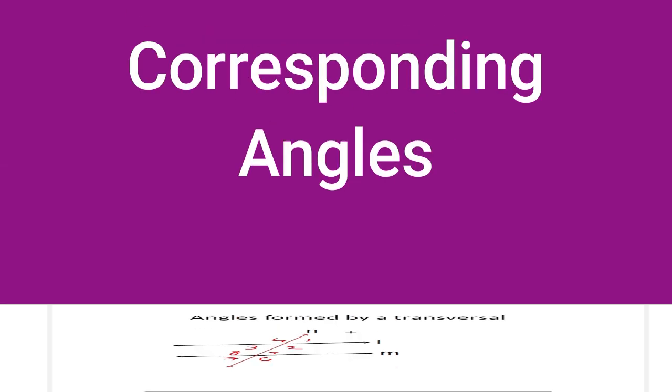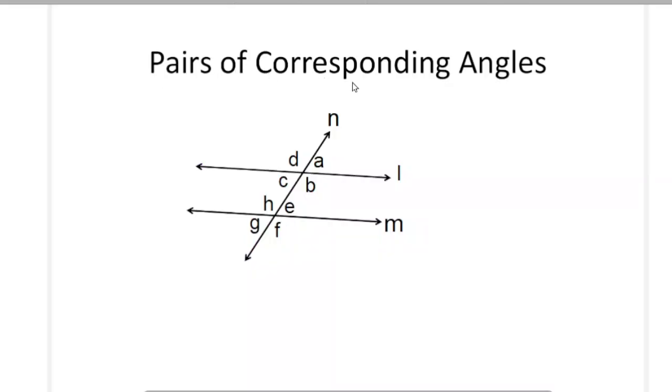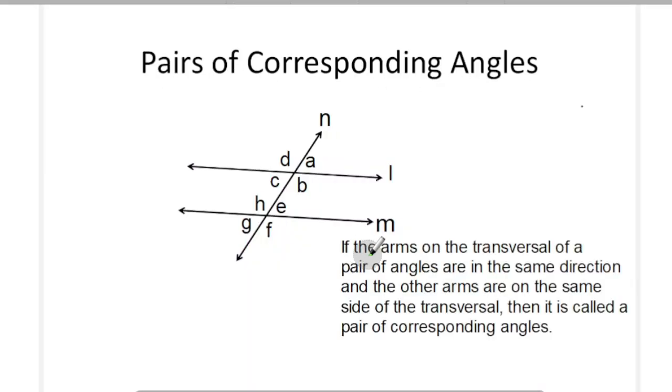One by one. First we will see corresponding angles. Pairs of corresponding angles. See, here we have the definition, but the definition is not asked in exam. This is just for your understanding. See, here is the definition.